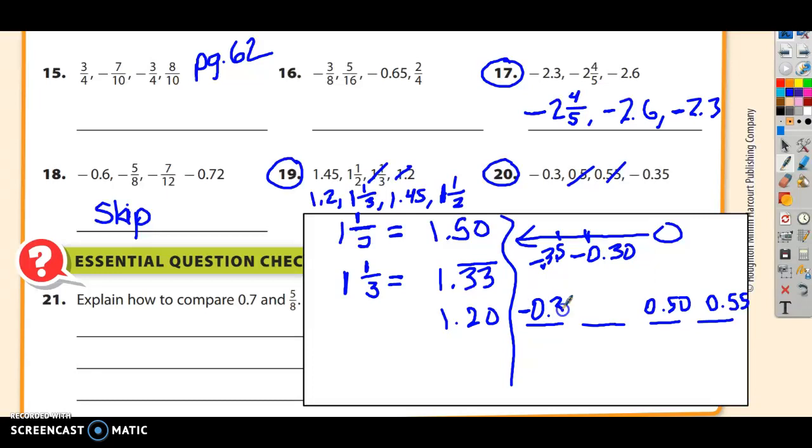Negative 0.35 is the least number, then negative 0.3. So I'm going to, to the best of my ability, write it like this. Negative 0.35, comma, negative 0.3, 0.5, and 0.55.